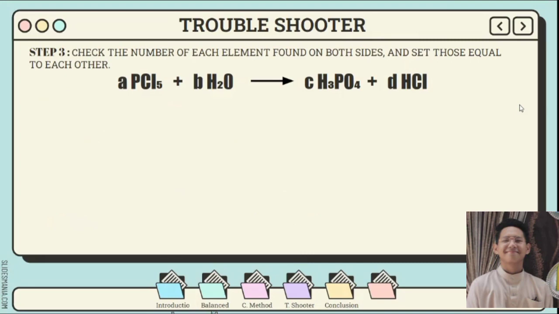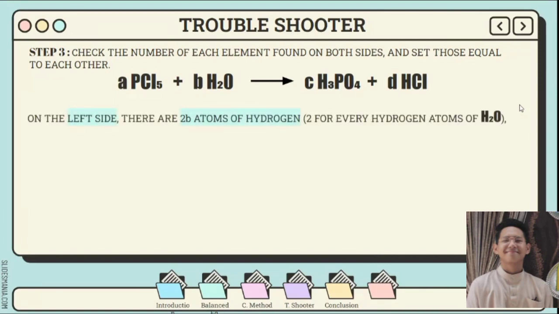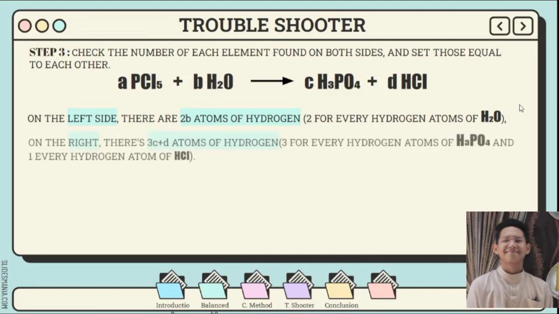Step 3 is to check the number of each element found on both sides and set those equal to each other. On the left side, there are 2B atoms of hydrogen, 2 for every hydrogen atom of H2O. On the right side, there are 3C plus D atoms of hydrogen, 3 for every hydrogen atom of H3PO4, and 1 for every hydrogen atom of HCl.